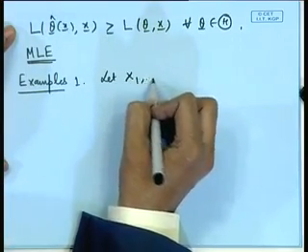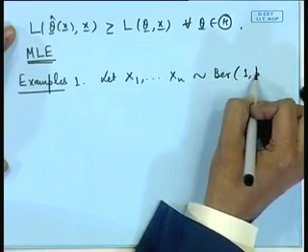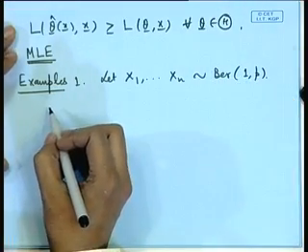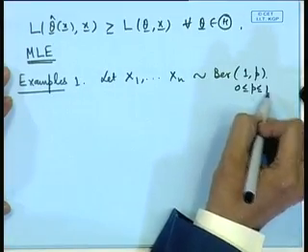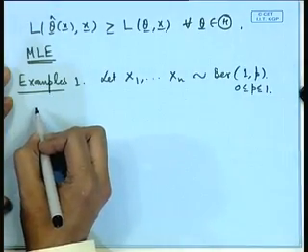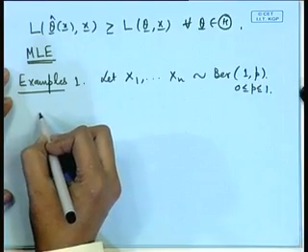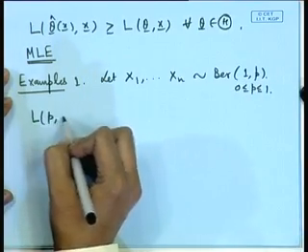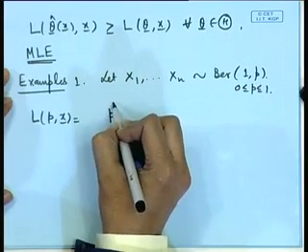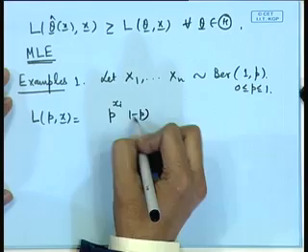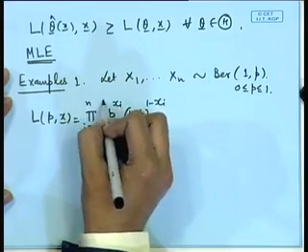Let X1, X2, ..., Xn follow, say, a Bernoulli distribution. Here p is the unknown parameter. We want to find the maximum likelihood estimator for p. So, we write down the likelihood function, that will be equal to the product of p to the power xi, 1 minus p to the power 1 minus xi, i equal to 1 to n.